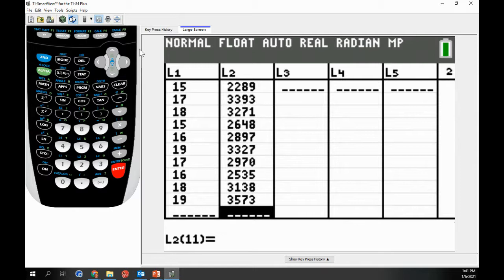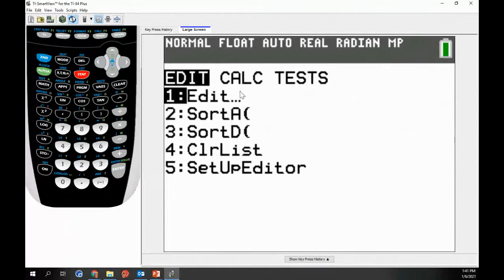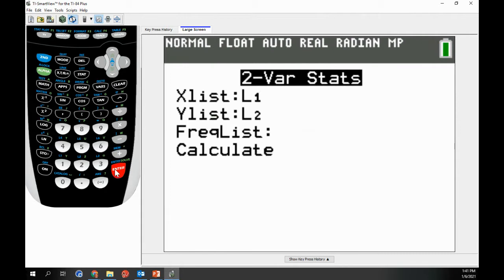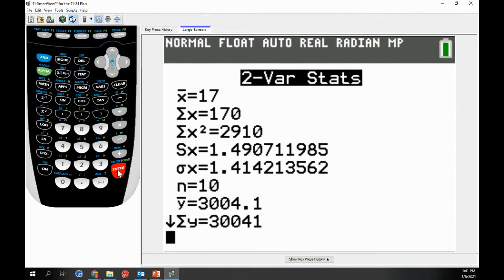So now once we get our numbers entered, we'll do stat, calc, and two variable stats instead. Hopefully you put your x's in L1 and your y's in L2. Do that and calculate.